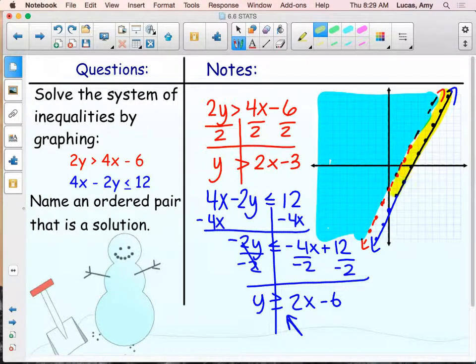Shade above this line. So now we do have a solution region, even though our lines are parallel. So like I was explaining on the last slide, you can't assume that there's no solution because they're parallel. I'm going to pick 0, 0, because that is in my green doubly shaded region.